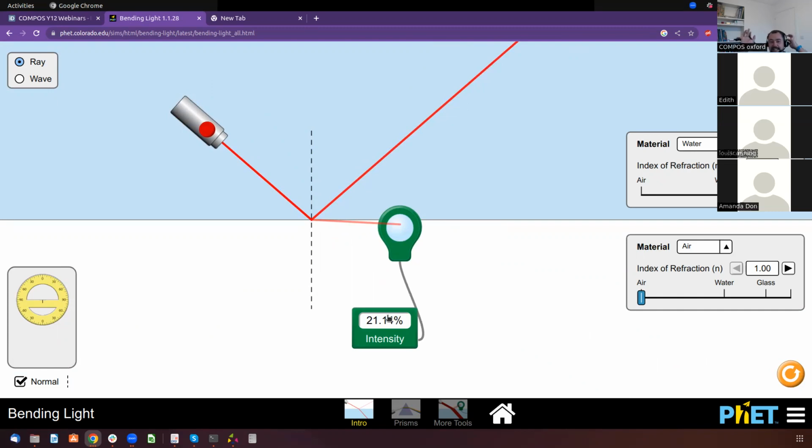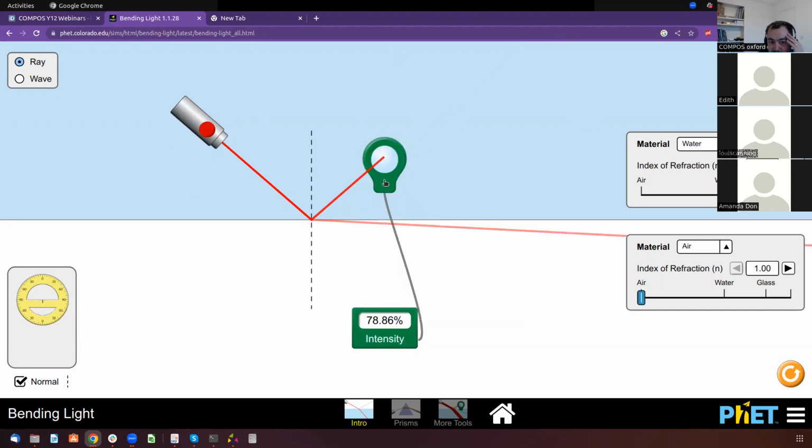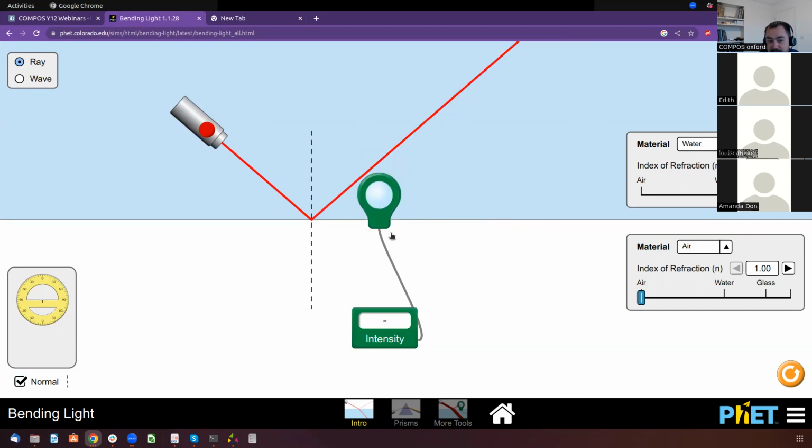So it's not that the light is actually refracted along the boundary. No, it's more like the 100% of the energy goes into the reflected ray. So you can see it disappears, like here, it's 100%. So 100% is reflected, 0% refracted.